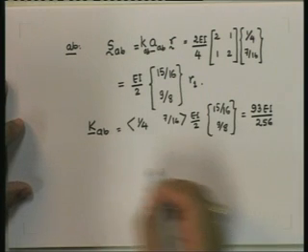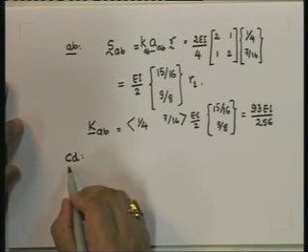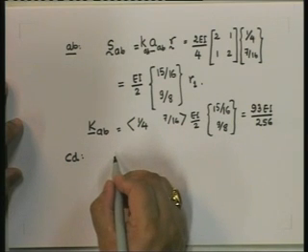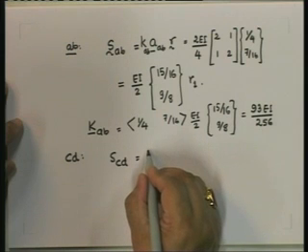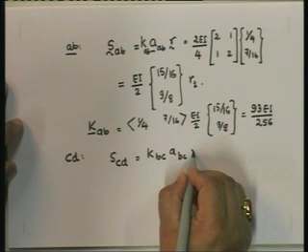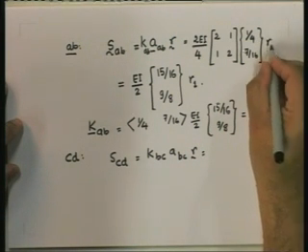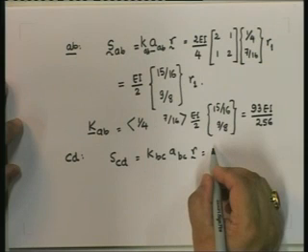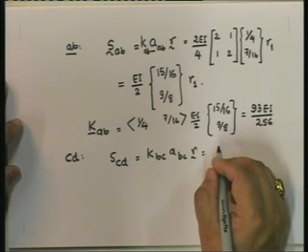So that is KAB. Now let us look at CD. SCD is going to be equal to KBC into ABC into R, which is going to be equal to, what is it? 3EI upon 5. Okay.